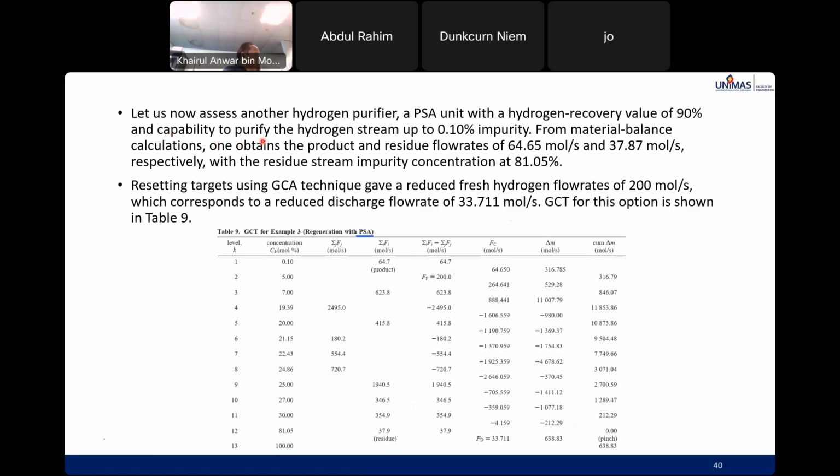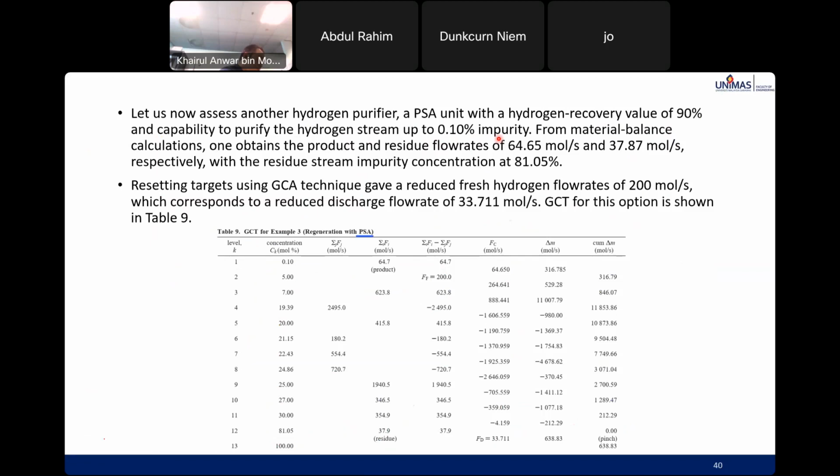And it has the capability to purify the hydrogen stream up to 0.1%. You see here, for membrane the recovery value is high, but the purification is only up to 2%. PSA is better, 0.1%.